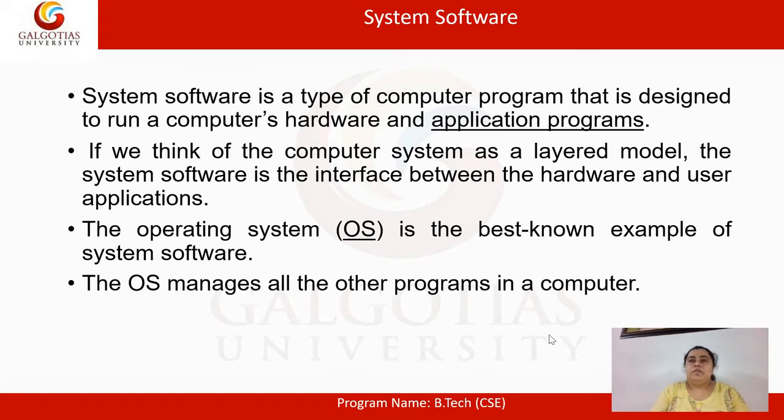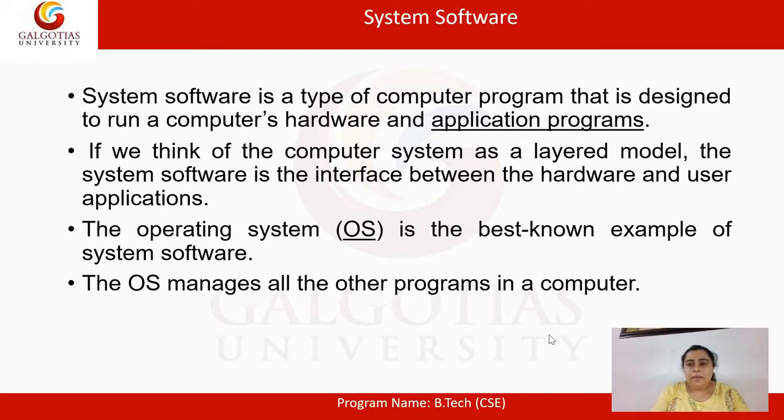Now, when we talk about a system software, that's basically an interface between a user and the hardware. Your operating system is a layered structure. Now, when we say layered structure, what is the meaning of that? That means every layer works as a separate entity and has its own set of work associated with it.